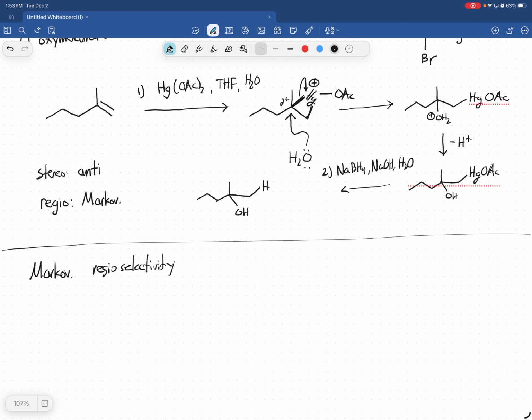So we already said oxymercuration, halogenation. What's the other one? There's some more with carbocations. So we have hydrohalogenation.